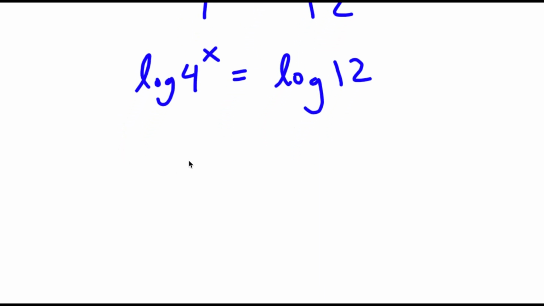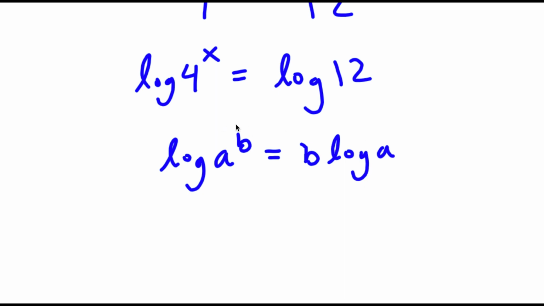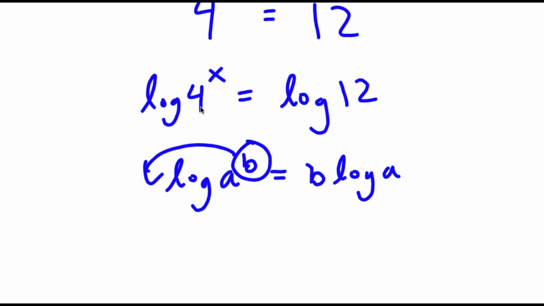Now if I have something in the form log a to the power of b, this is equal to b times log a, because all I have to do is simply move my exponent to the front. So for log 4 to the power of x, I can move x to the front.